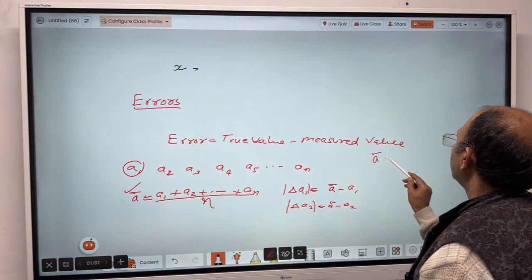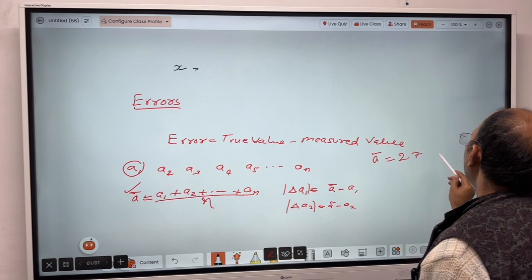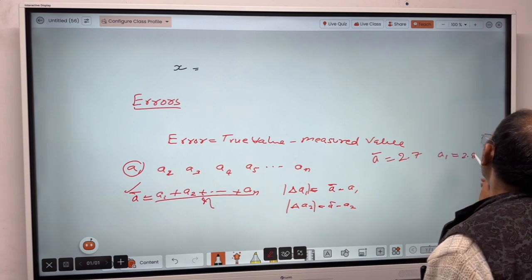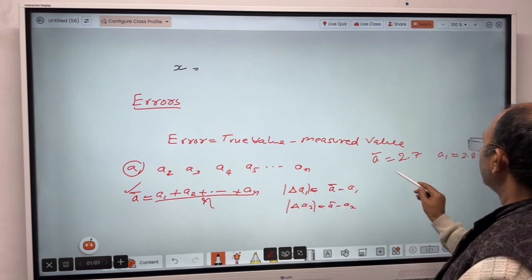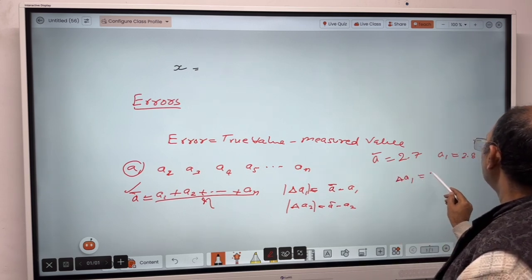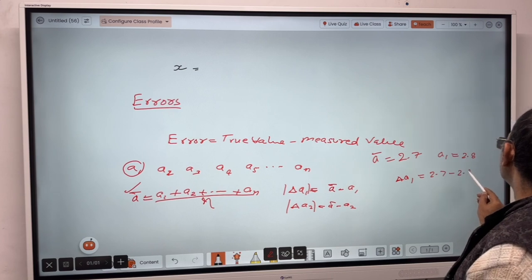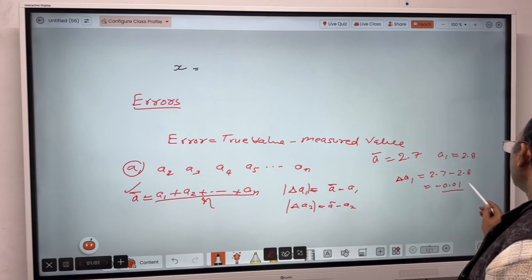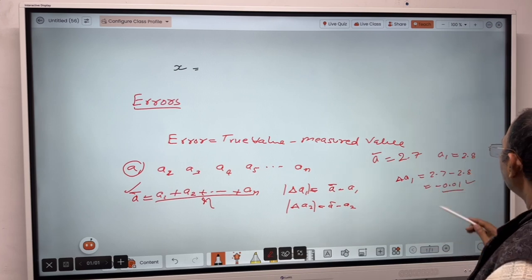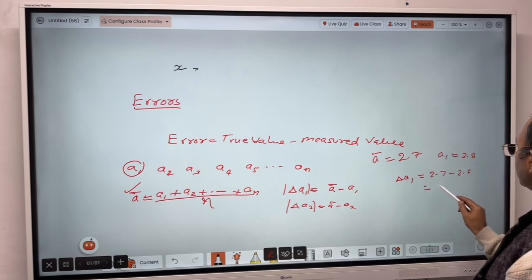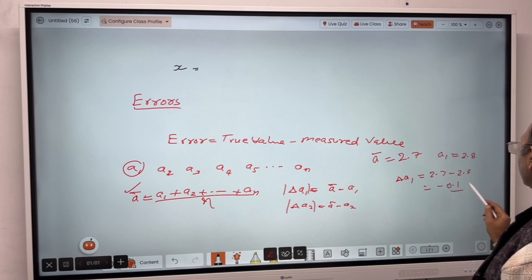Suppose the average value is 2.7 and the measured value A1 is 2.8, and we find the error. Delta A1 will be 2.7 minus 2.8, which is minus 0.1.